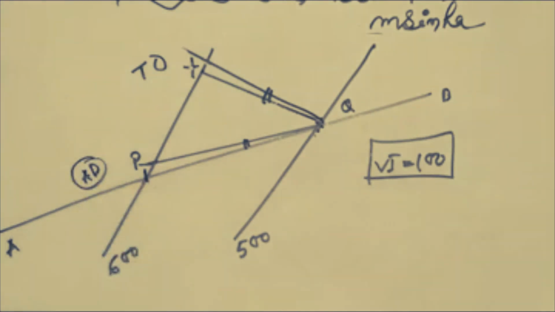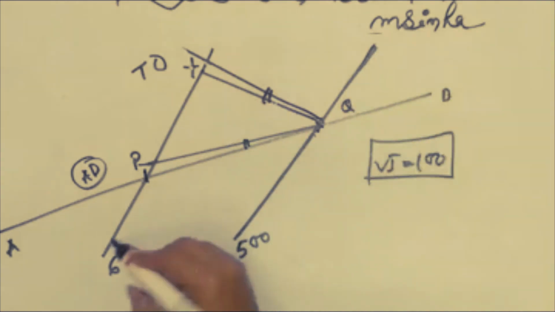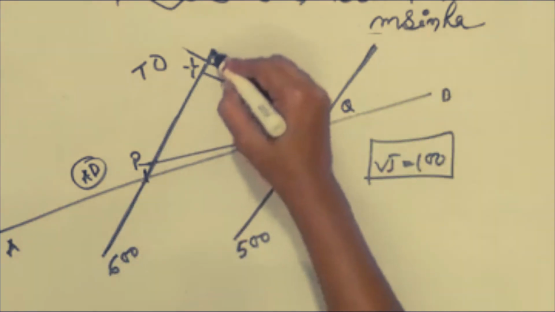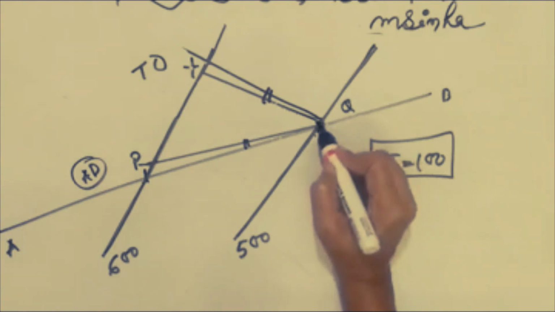So I think you can get a clear idea about the true dip and apparent dip. At the start I told you, suppose this is the road, right hand side and left hand side. Suppose Q is standing here. What is the width of the road?